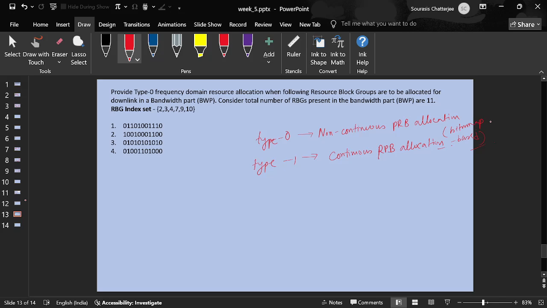So in this question, since it's a bitmap based allocation, this is a good point: there are 275 PRBs, right? So is it true that we are going to have a 275 bit sequence for the frequency domain resource allocation if I choose type 0?